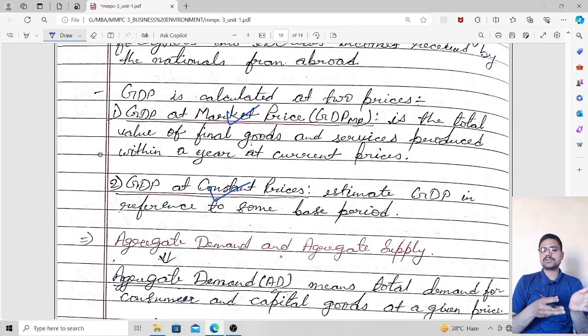And in the case of GDP at constant price, the estimation of GDP is in reference to some base period.